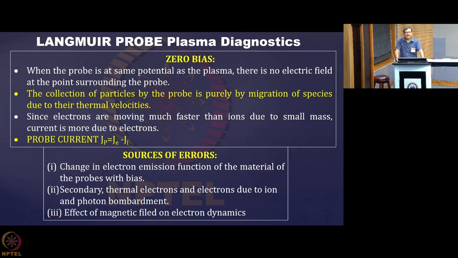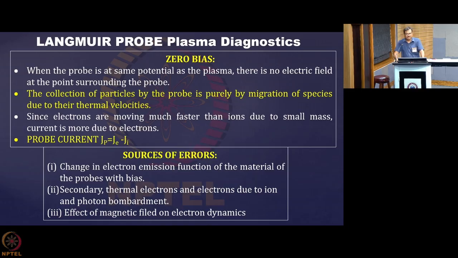Then there is the effect of the magnetic field on the electron dynamics, because whenever there is a magnetic field, it will make the electrons gyrate, and sometimes it may happen that the radius of gyration is smaller than the diameter of your probe. So your whole probe is not collecting the electrons, only part of it is collecting them.